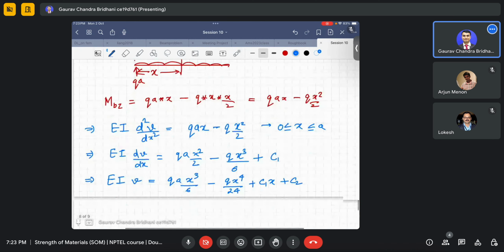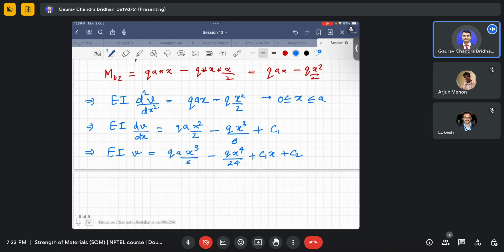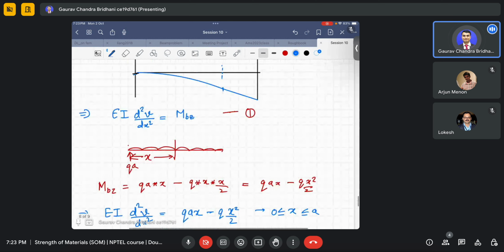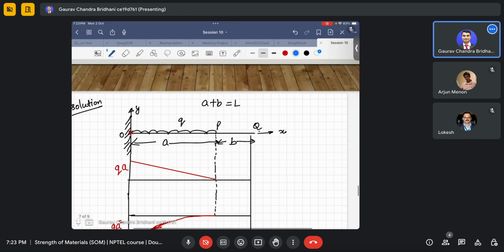Now I need to find the constants of integration C1 and C2. How to do that? We need to apply boundary conditions. What are the boundary conditions? We know that this is a built-in support. At a built-in support, as you have seen in the lecture also, when the professor put a load here or at the tip, the deflection as well as the slope at the built-in support is 0.